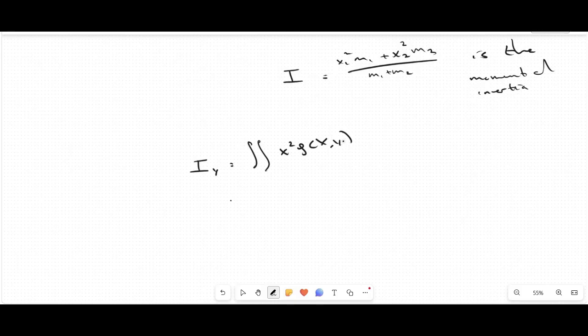So we're averaging the squared coordinate. If you average the x coordinate, that's about the y axis. If you average the y coordinate, that's about the x axis.